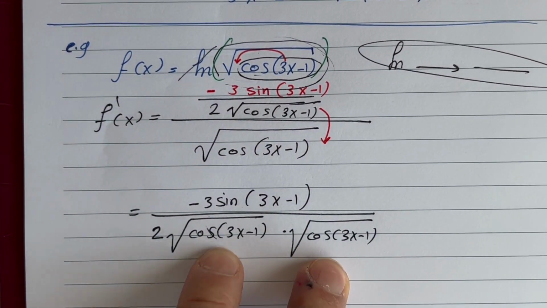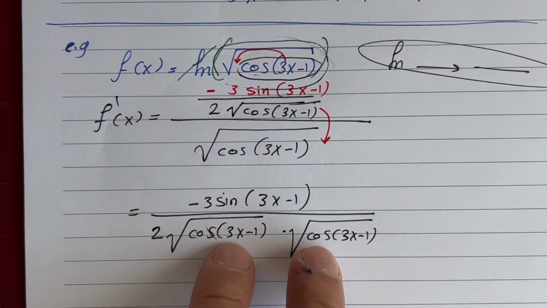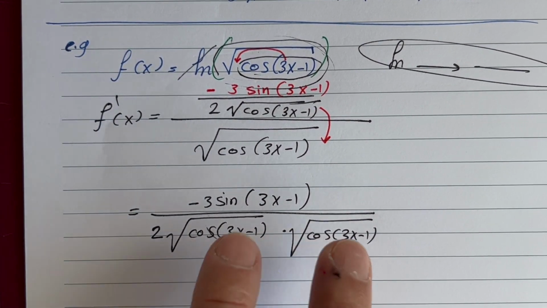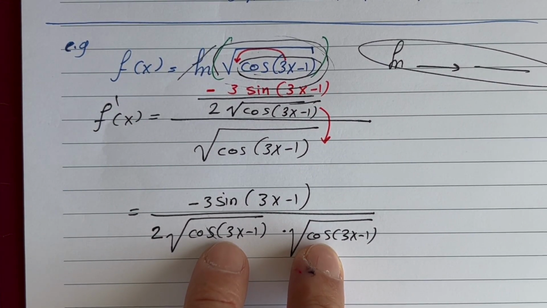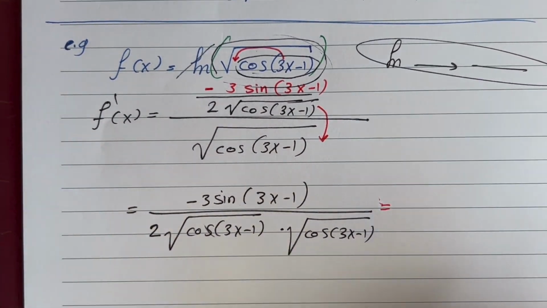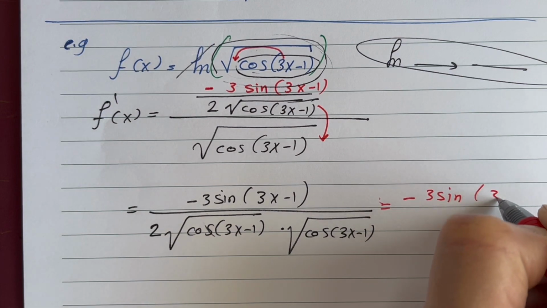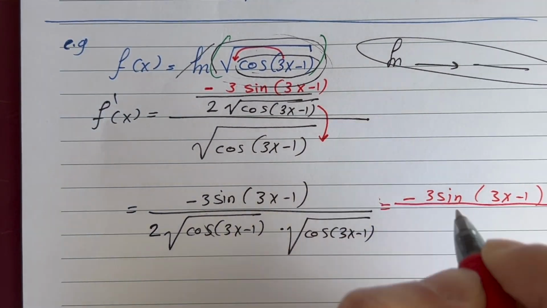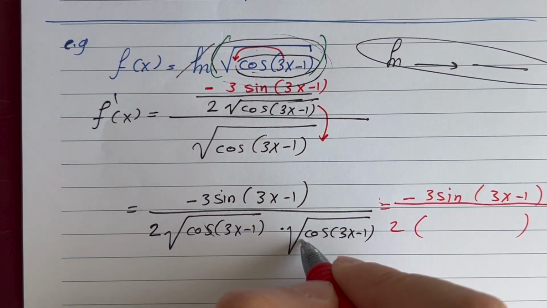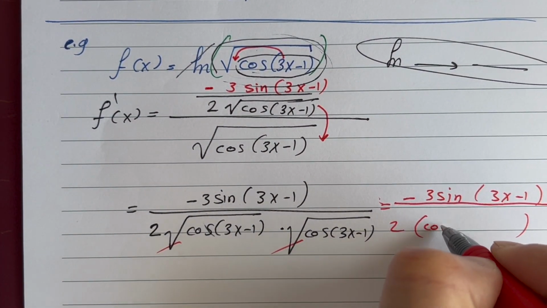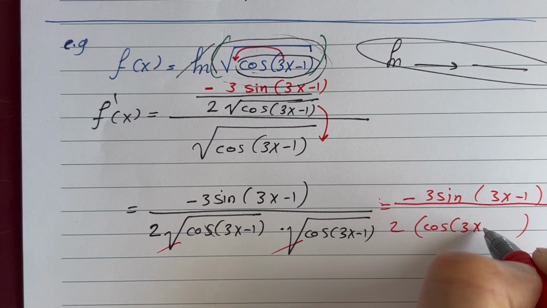In this question, since these are the same, root something times root the same thing is going to be root squared, so the square will be deleted with the root, so you can delete the root here. So it will be negative 3 sine 3x minus 1 over 2 times cosine 3x minus 1.